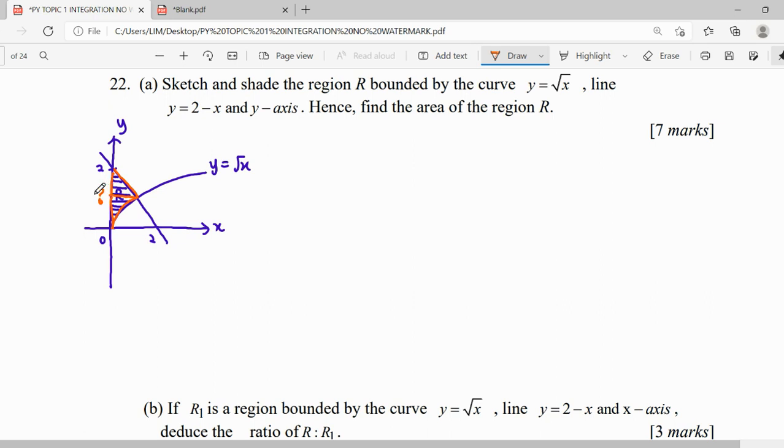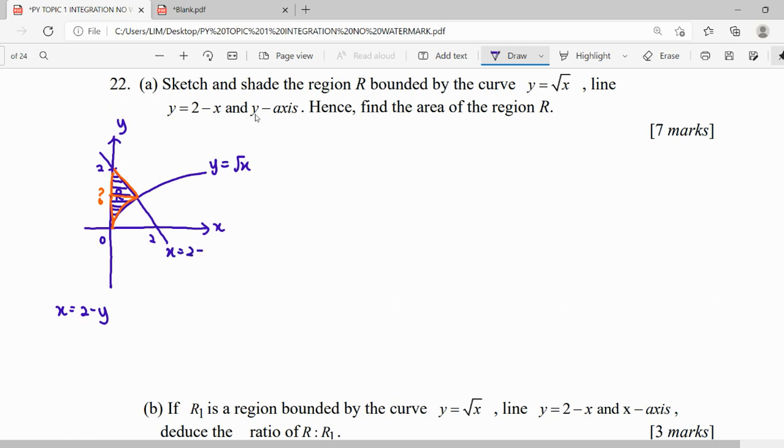So we have to find this intersection, between the square root and y equals 2 minus x. Because you want to find your y value, we express in terms of y. So x will be equal to 2 minus y.